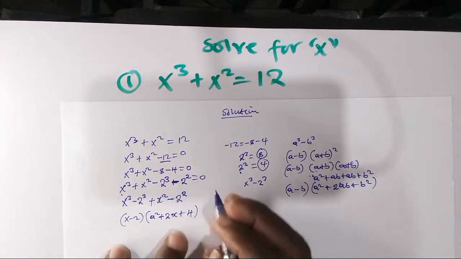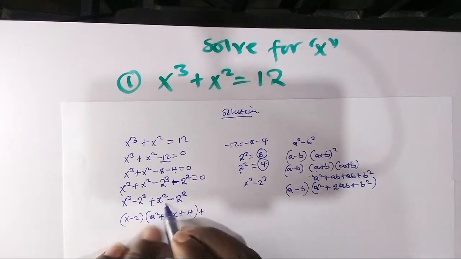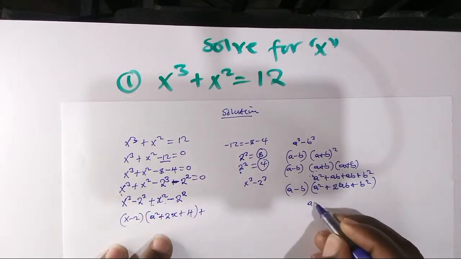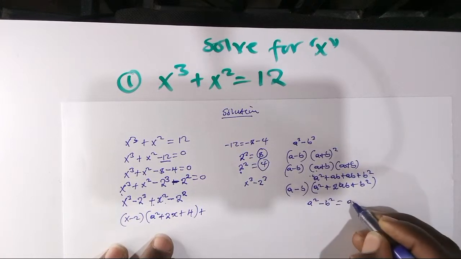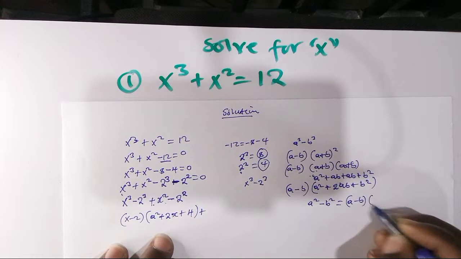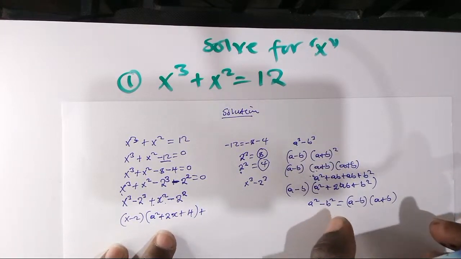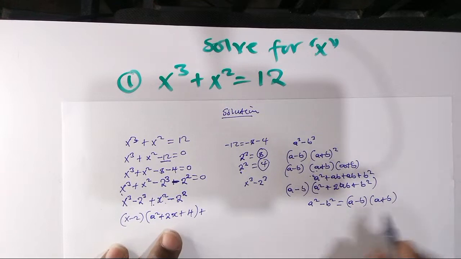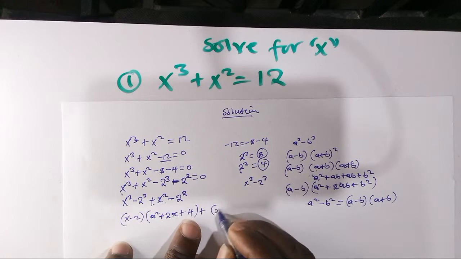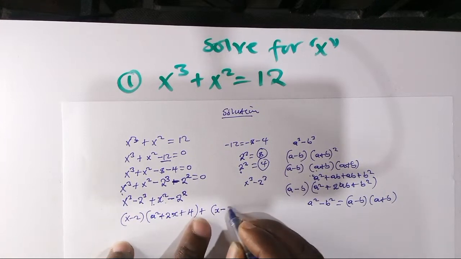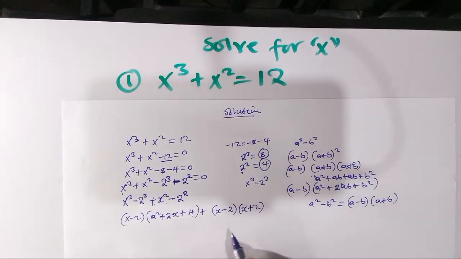And then we have plus a squared minus b squared, which equals a minus b in the bracket, then a plus b in the bracket. So we are going to take it the way it is. We substitute a with x, so we say x minus 2, then x plus 2, right?